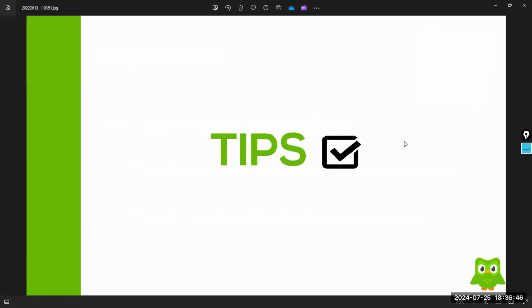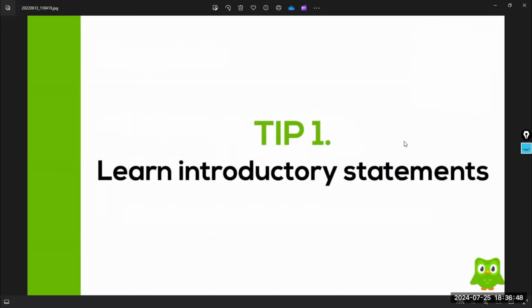Now let's talk about the tips that I have to know. Tip number one: in describing the image, I have to learn how to use introductory statements. In anything, Malak, not only in writing but in speaking, I have to write an introduction.